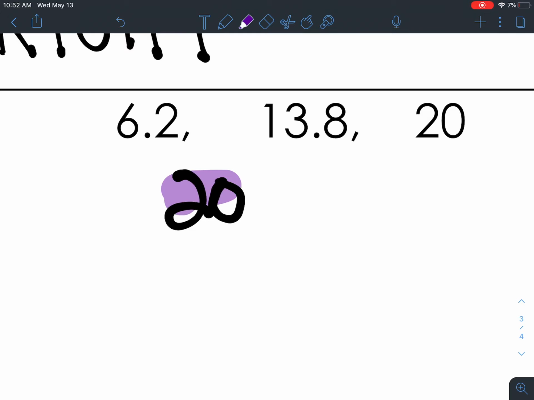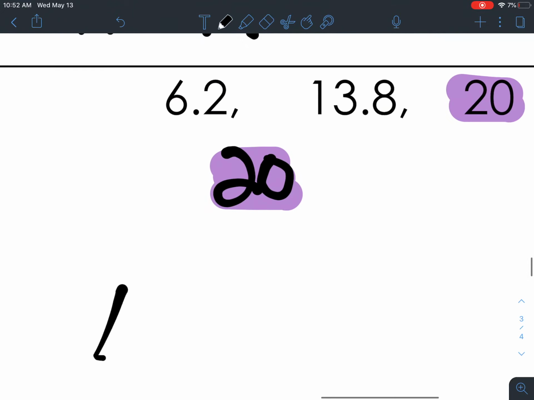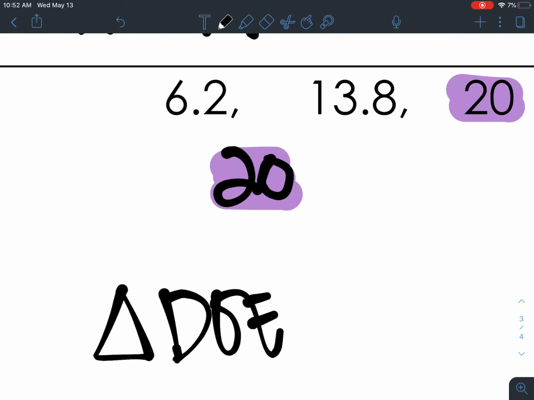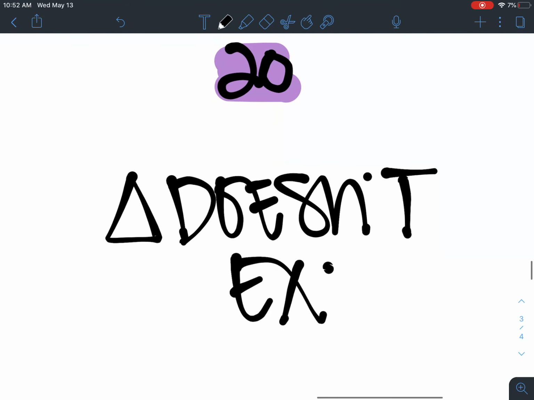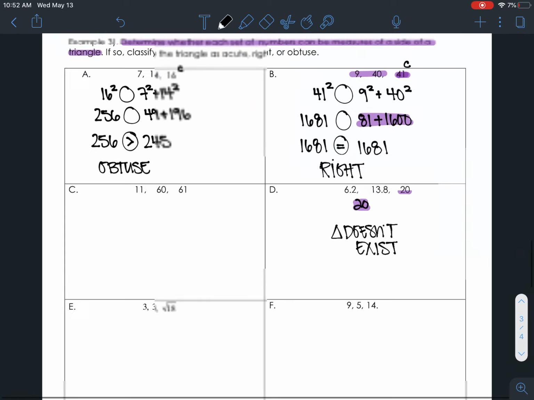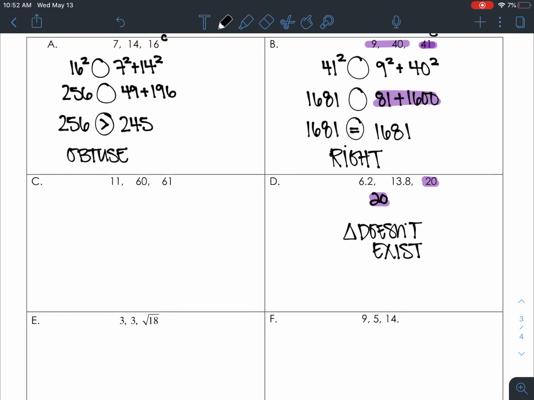Do we want this number to be greater or equal to 20 or just greater than 20? Well, the answer is we want it to be just greater than 20. So in this case, the triangle doesn't exist. If you want to save yourself time sometimes, you definitely want to check that first, because it's not always going to exist.